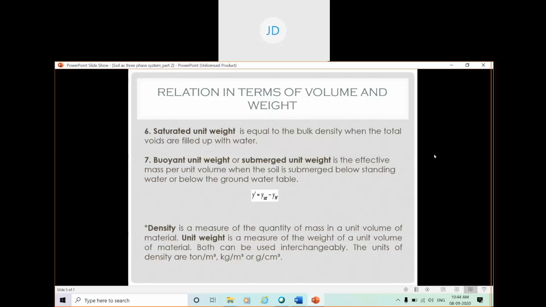You will get the effective unit weight of soil, or submerged unit weight of soil. Understood?